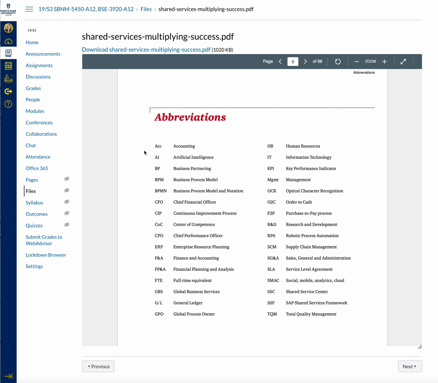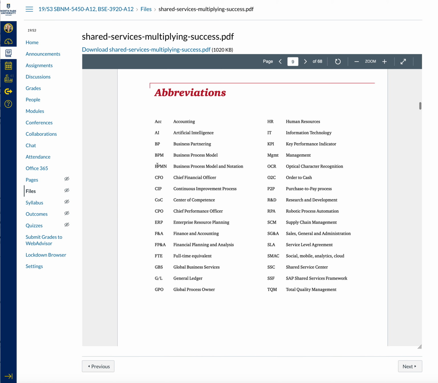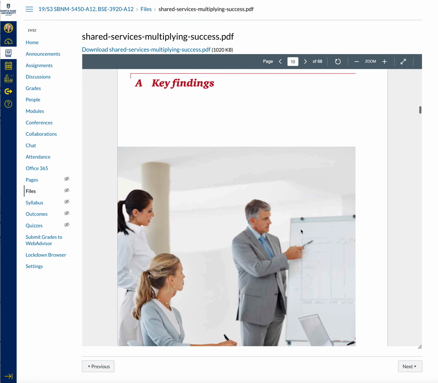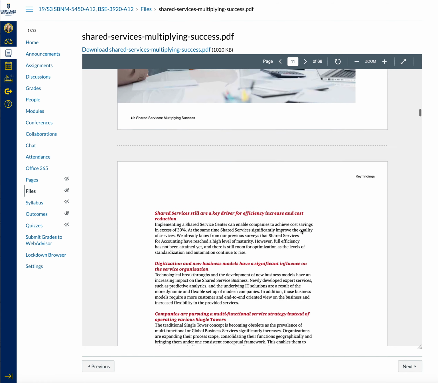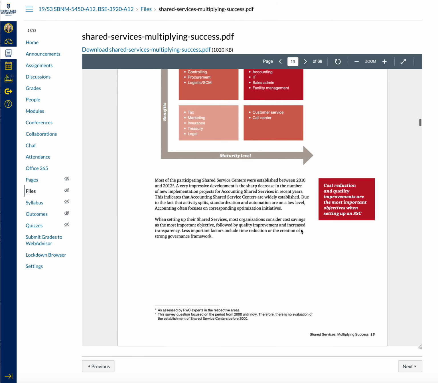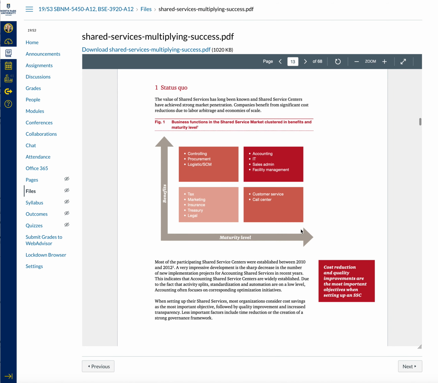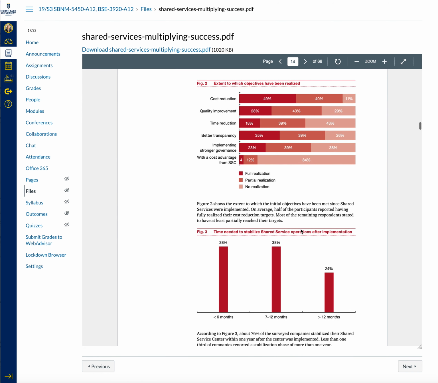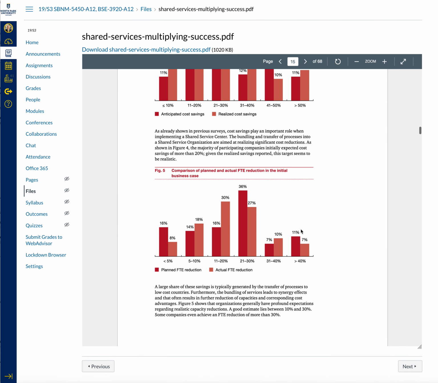But you might look at all these abbreviations, which give you an idea of the kind of areas you can apply shared services to. So this is a tremendous benefit of ERP systems. And I've covered a little bit of it in a lecture, but this booklet will really give you a great background in it.